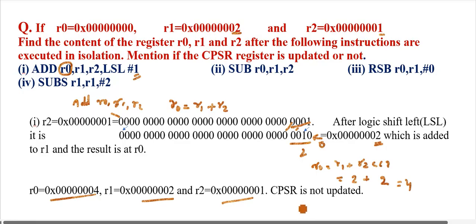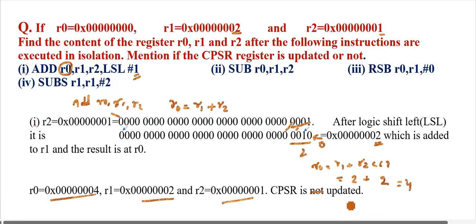Carry will be cleared and it will be 0 only. If you assume carry is already 0, you can write here one sentence: CPSR, the current program status register, is going to get updated if the result is 0, or if there is a carry or an overflow. For all arithmetic instructions, CPSR is going to update. Here it's updated once again with 0 only.